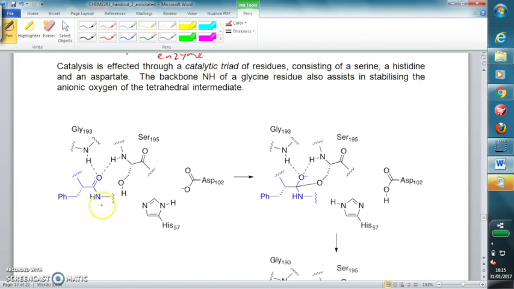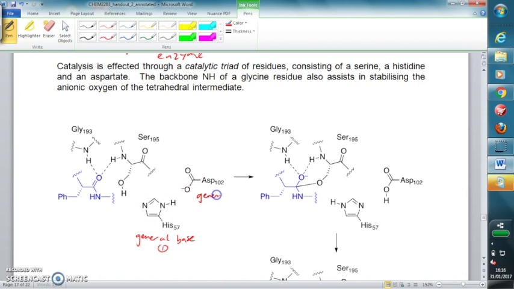So what happens is our substrate in blue binds here, and the serine is going to act as a nucleophile. So we've got this high effective concentration because it's held close to the amide. So this is going to attack here, but that's going to be accelerated by general base catalysis from this histidine. I'm going to call that general base 1, because this nitrogen is made more basic by deprotonating here with this aspartate residue.